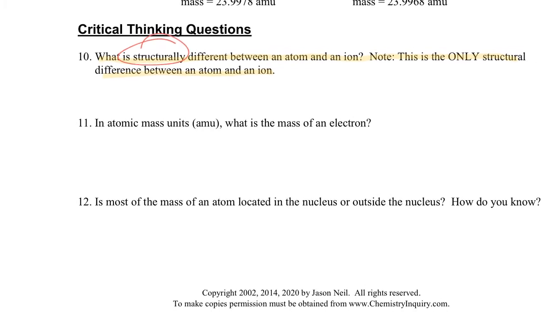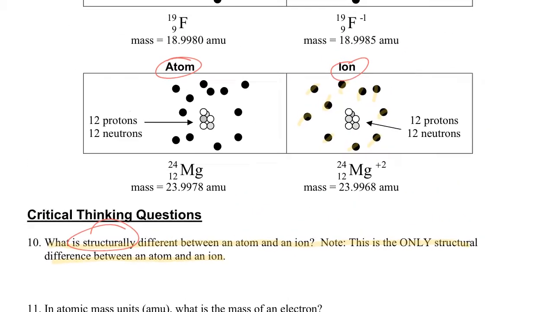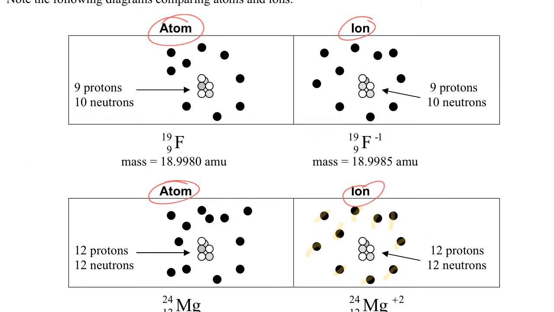Number 11 asks them to figure out the mass of an electron. Now, how do they figure that out? Okay, well, they got to compare the pictures. We can see that this mass right here is a little bigger than this mass. How much bigger? Well, it's exactly this 0.05 right here compared to the 0.